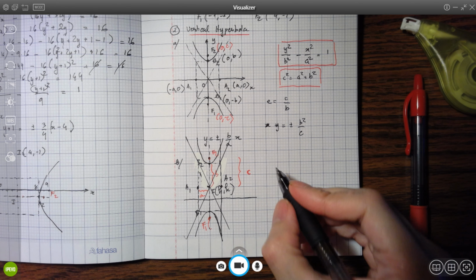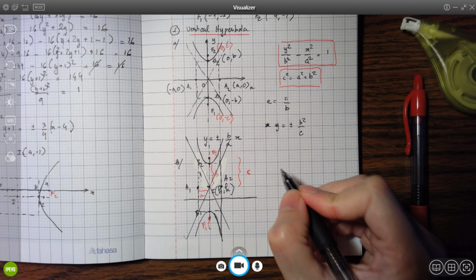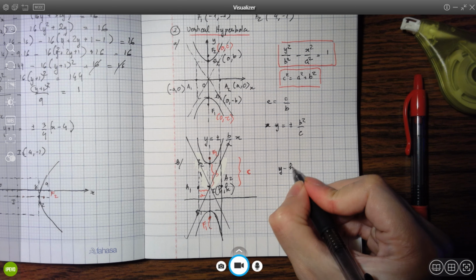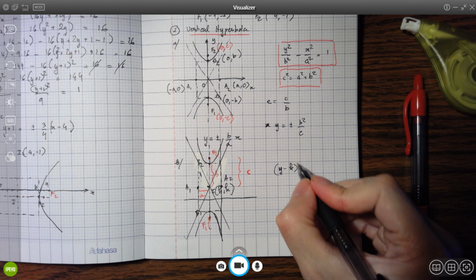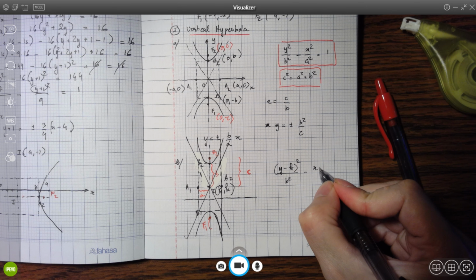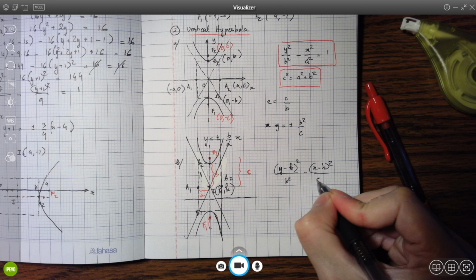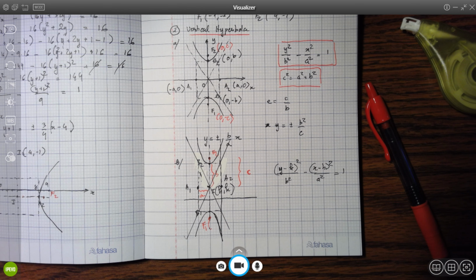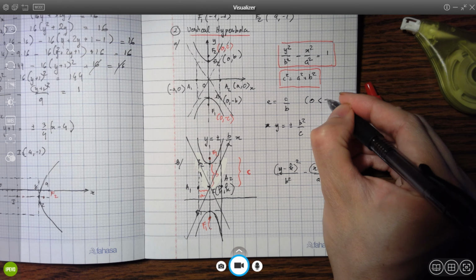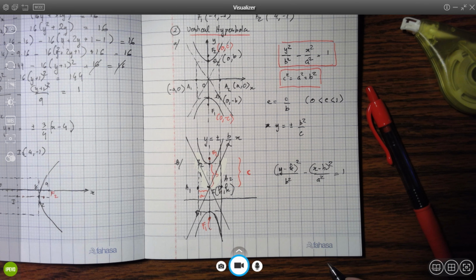So the equation we have will be y minus k, because we do y first, squared over b squared, minus x minus h squared over a squared, equals 1. Eccentricity is the same, still between 0 and 1. c squared equals a squared plus b squared, the same too.